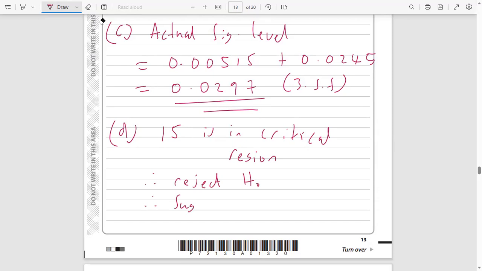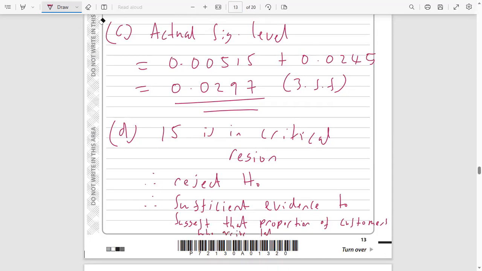So there is sufficient evidence to suggest that the proportion of customers who arrive late is different from 0.1. The key thing with this one is obviously this is a two-tailed test.